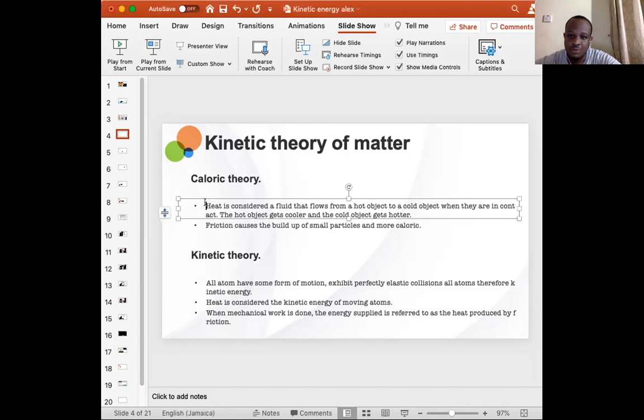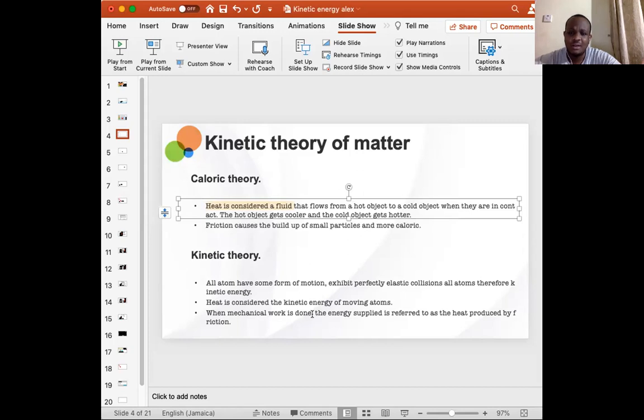So the first red flag that we see here is that it says that heat is considered a fluid that flows from a hot object to a cold object. But essentially, this is suggesting that when heat is moving from a hot object, the object that is hotter actually gets lighter, loses caloric, while the object that is colder gains mass, which is not the case, right?